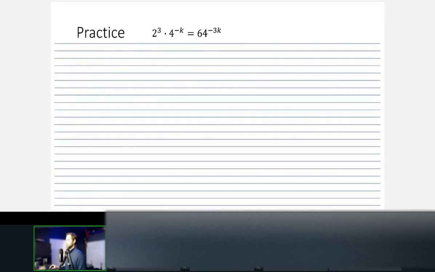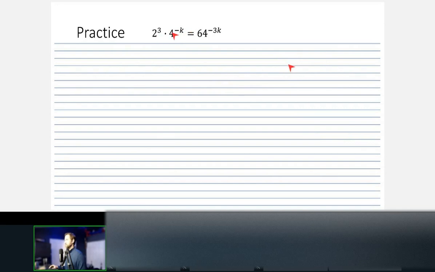Let's apply those. All right, multiplying. What do we got to do? Yeah, we got to turn that 4 into 2 squared first. So in order to add the exponents, the bases need to match.